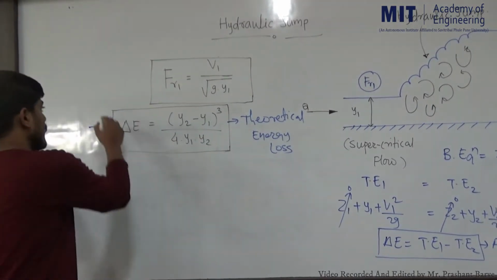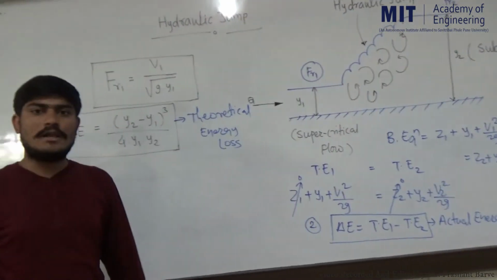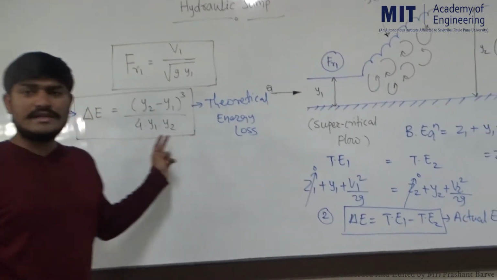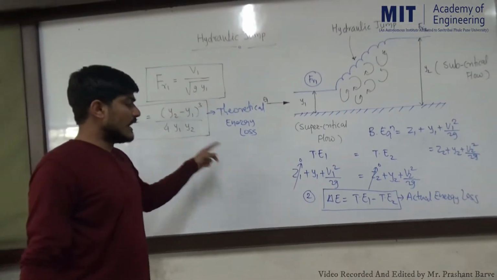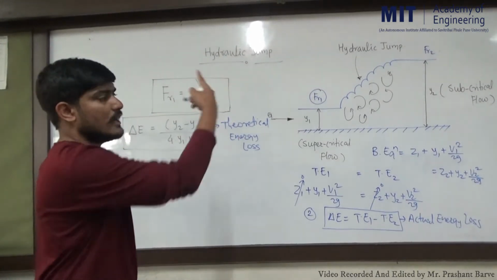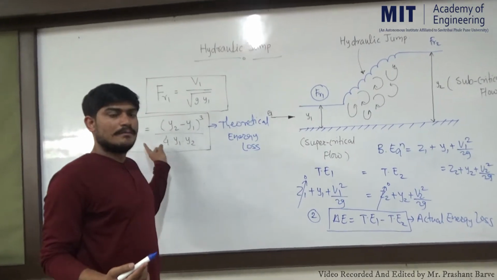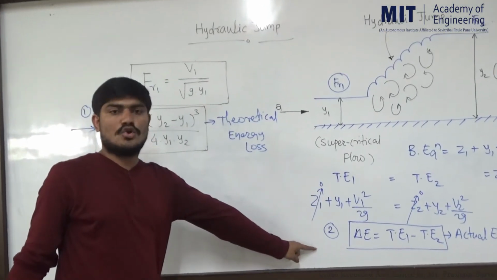So this is one way, theoretical. This is another way, actual or practical or experimental. By following both these ways, we are going to determine the energy loss taking place through the hydraulic jump, and we are going to check whether the theoretical value matches the practical one or not.